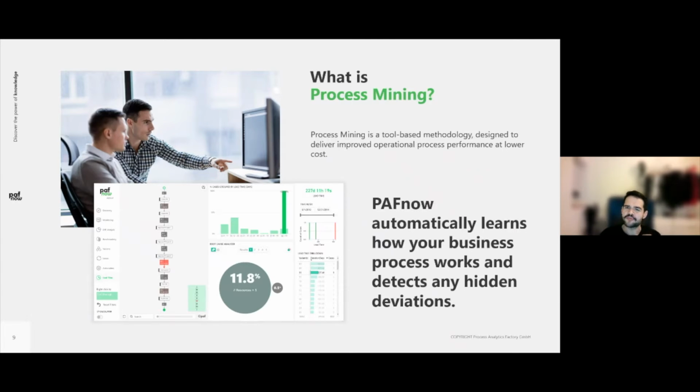Getting to know what the process is, is nice, but it gets cool when you start altering your process and optimizing, and then can go back after half a year, or even after a week, or in real time, and see, okay, how did the process behavior change? How did, for example, my lead time change? And this is why process mining is a really interesting topic.